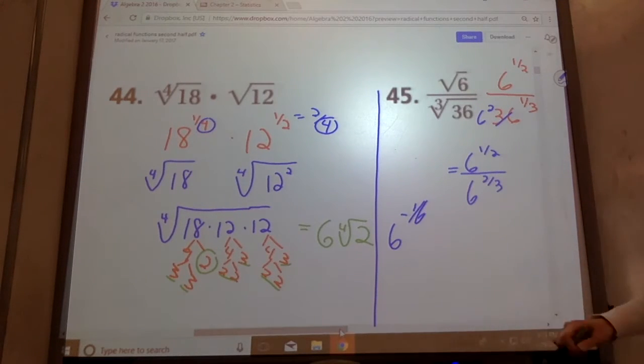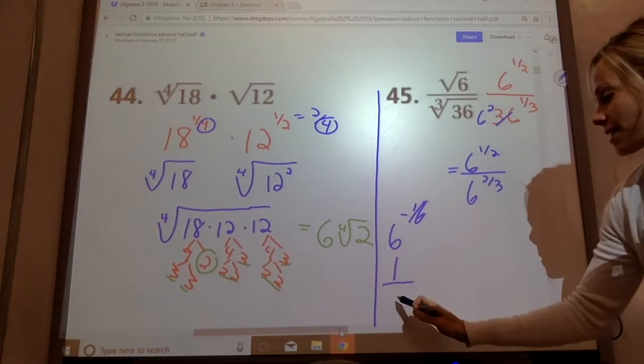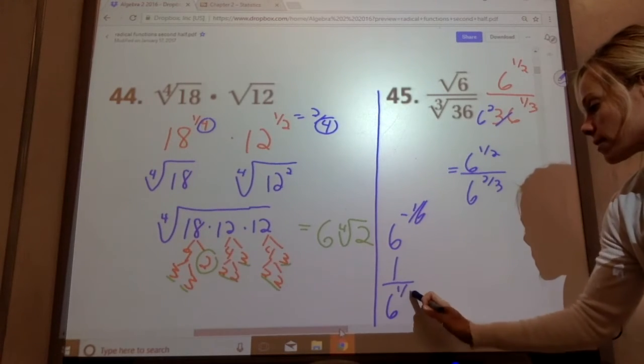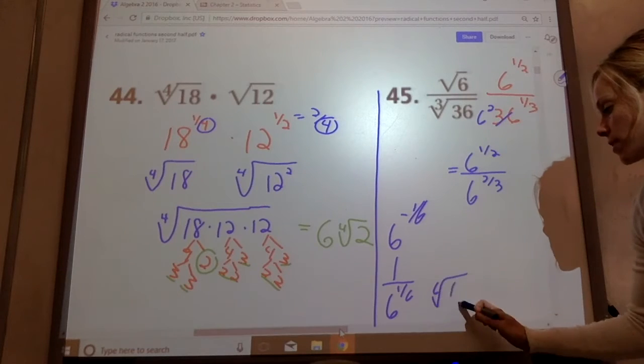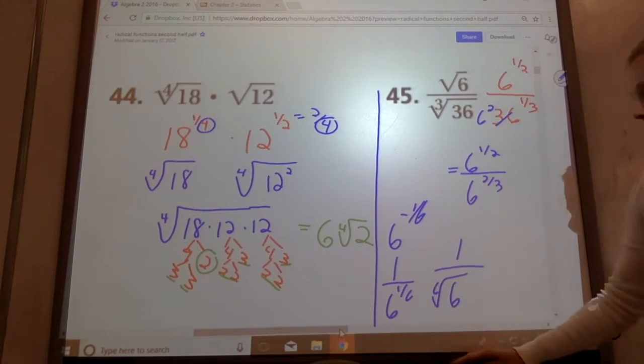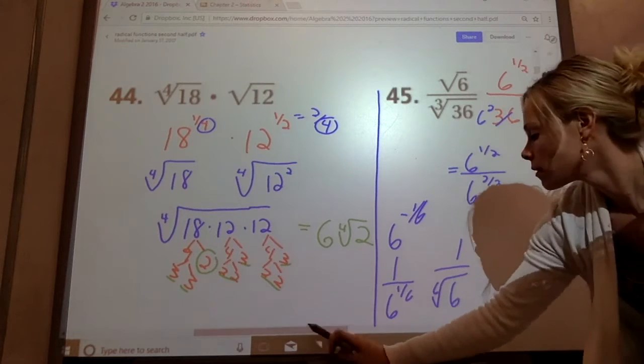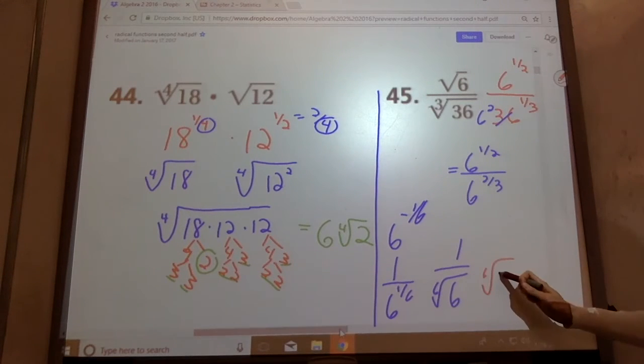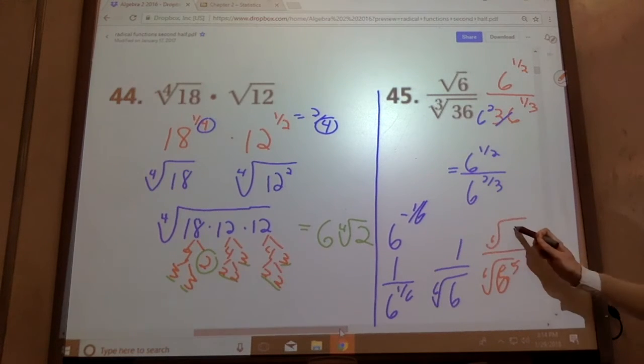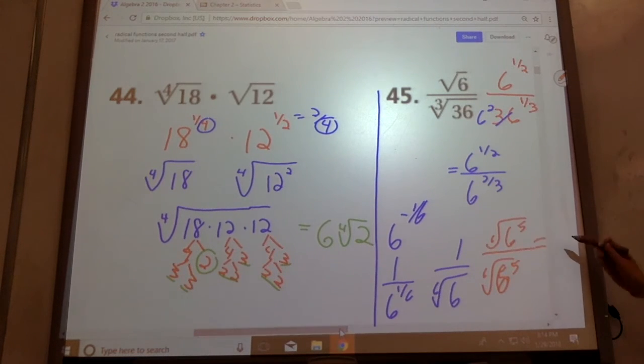So then I say 6 to the 1/6 is the 6th root of 6. I have 1/6. How many more would I need? 5 more. So I'd have 6th root of 6 to the 5th over 6, and I'm done.